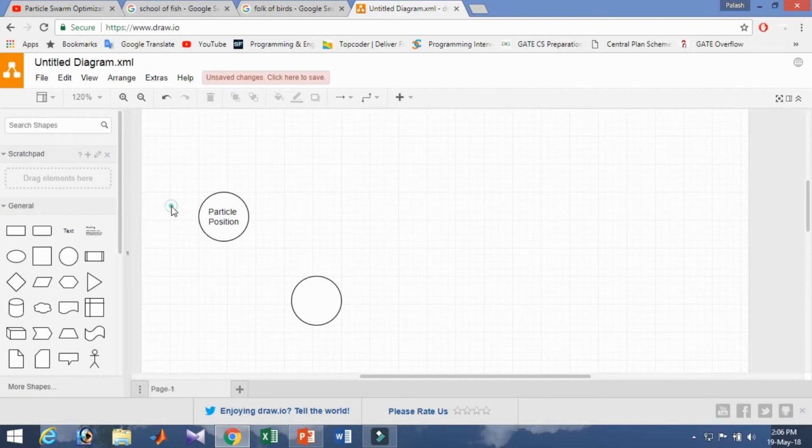We are trying to take another direction here. Text here: particle position.